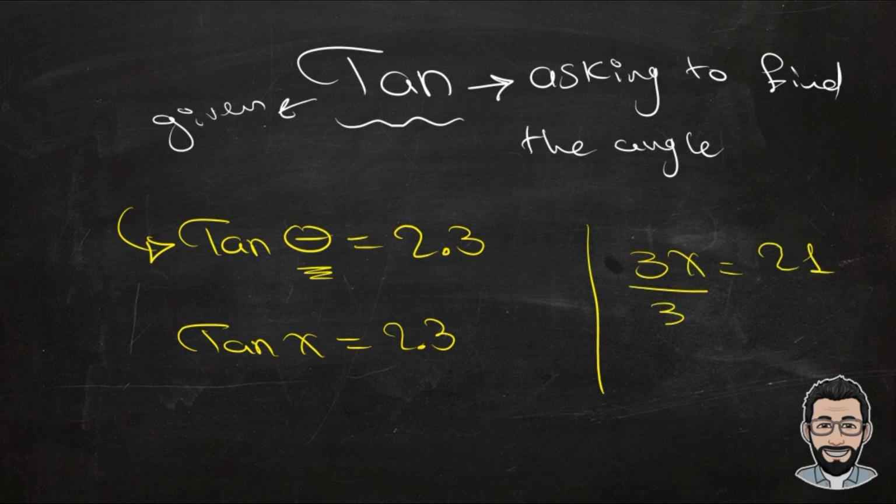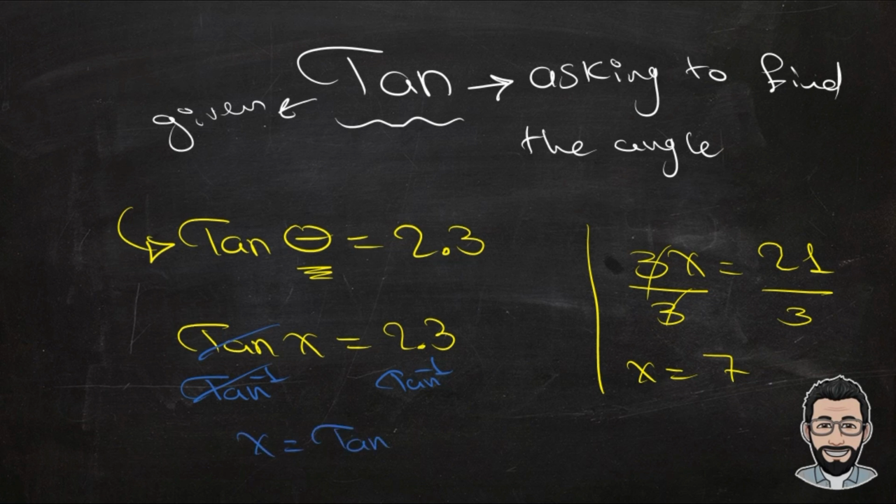Yes, great. You're going to divide by 3 here and here to cross out 3 together. So x equals 7. So here, what are you going to do? You'll not divide, of course. You're going to put tan -1. Cross these together. So x equals, so write on the calculator tan -1 of 2.3 equals.